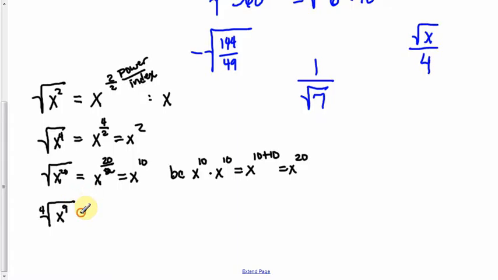So what you have to do is break x to the 9th down into a power that is less than 9 that is divisible by 4. And it needs to be the biggest one, okay? So which one is the largest? What number is the largest below 9 that is divisible by 4? 8. So you will break this down into x to the 8th times x to the 1st. And I'm not going to put a 1 because we know it's there.